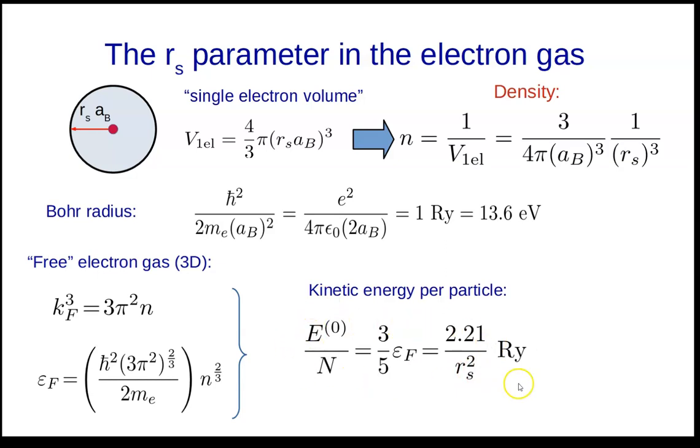So this has no interactions at all, it's just a free electron gas. So this is the kinetic energy per particle. This is what you should get at zero order in perturbation theory in the electron interaction, if you calculate the energy of the ground state for an electron gas.